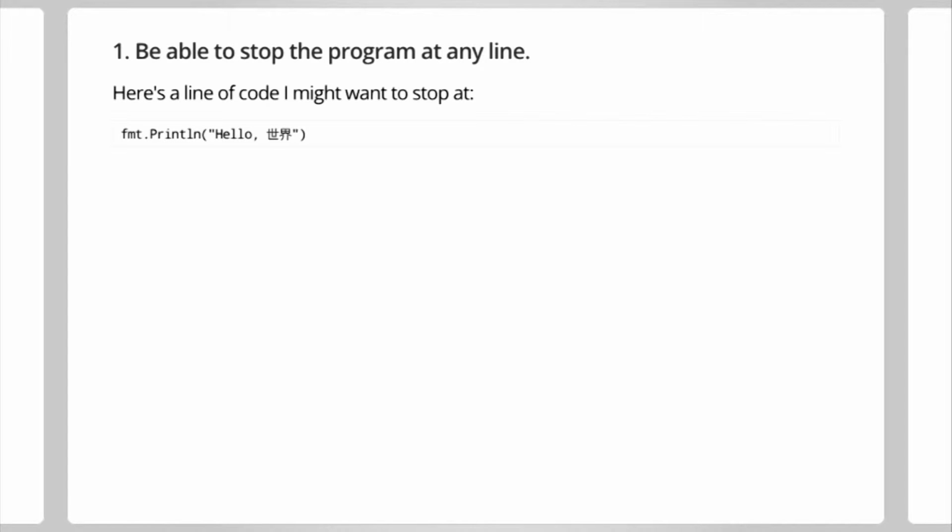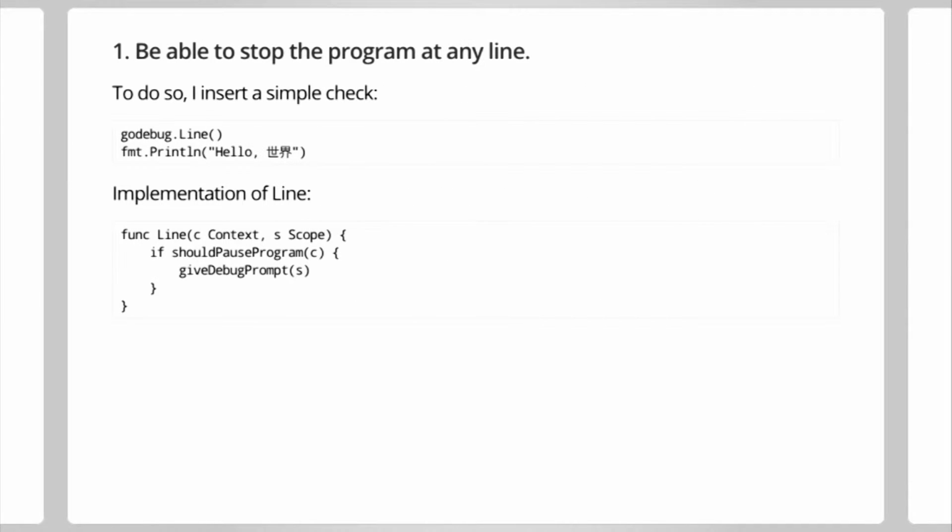So how about the first behavior, stopping the program at any line? Here's an example line that I might want to stop at. For every line, I need to be able to stop. So for this function println, I'm just going to insert a simple check before the line, and then do this for every single line. What the check does is basically check whether we should pause.